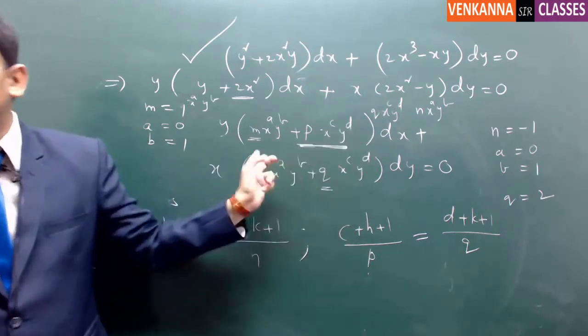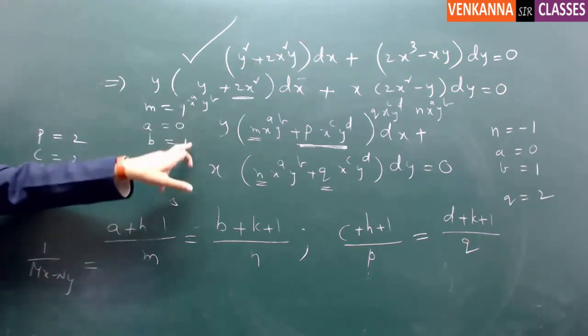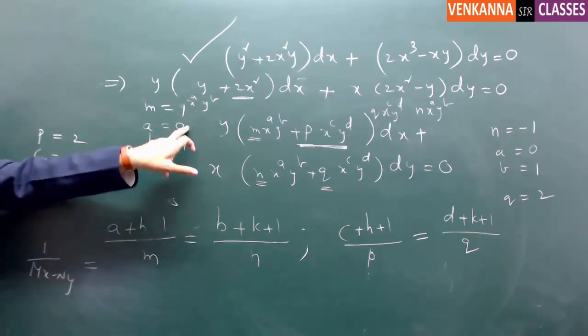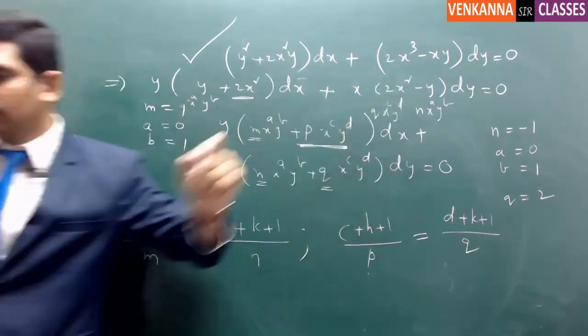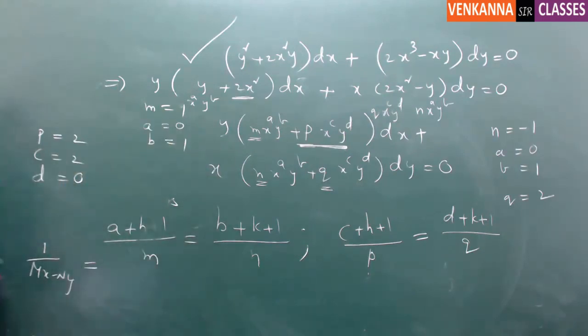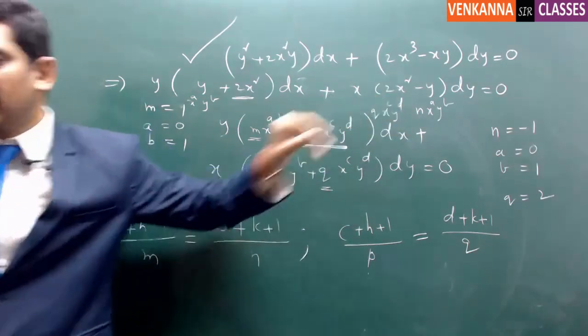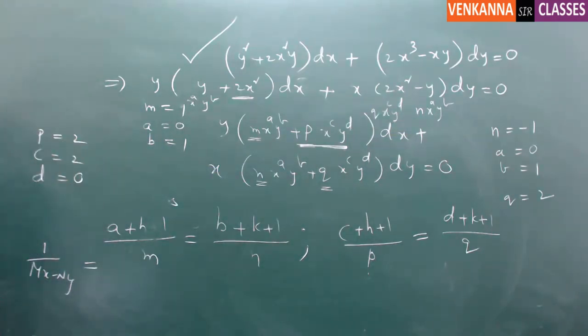Those coefficients we should take. So here a is equal to 0, b is equal to 1 means x power 0, y power 1. The same term should be taken here. So that coefficient is n. So sometimes the terms will interchange here. We should take the respective power coefficients.